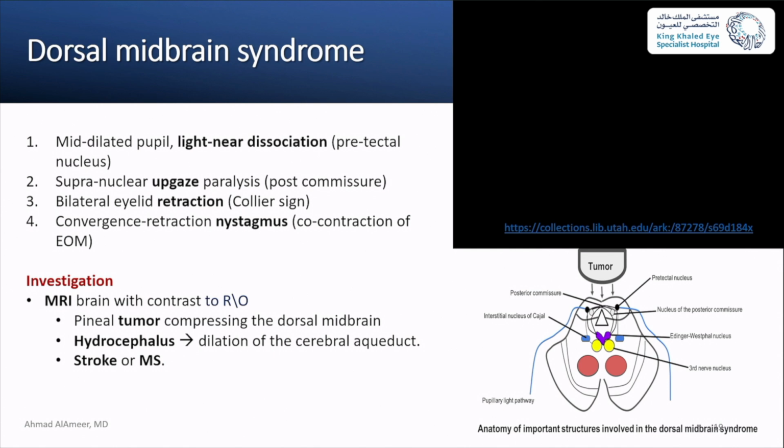Doll's head maneuver, excellent. It's normal in what condition? In supranuclear palsy it is normal, because the doll's head maneuver is controlled by the ear, okay? And this bypasses the lesion.